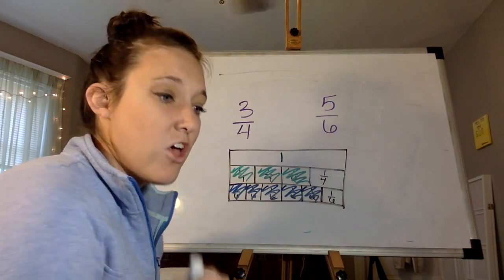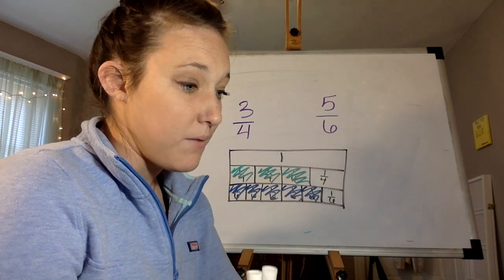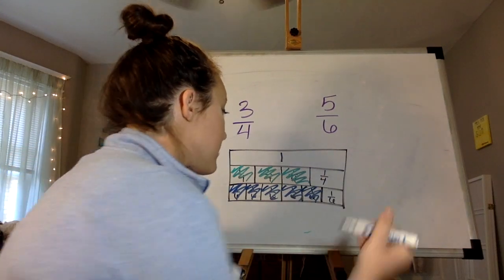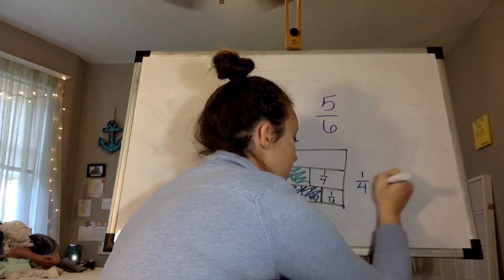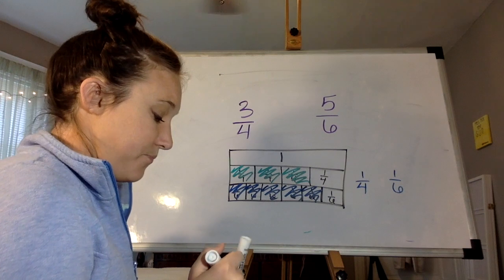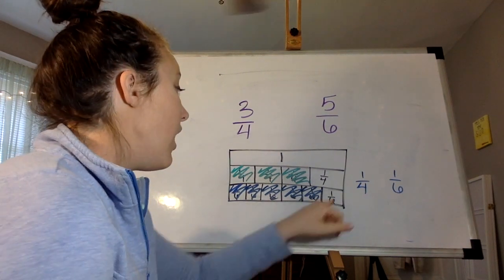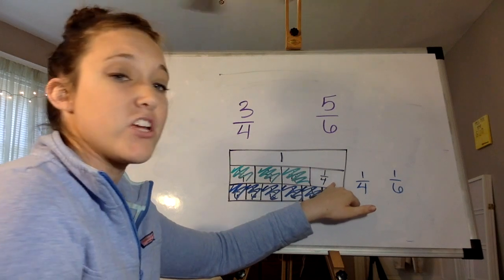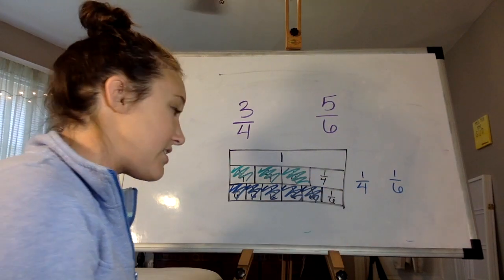All right, just like in the example at the very top, I'm going to first compare 1/4 to 1/6, okay? So if I'm looking at what is left, I have a bigger fraction of my 4ths left compared to my fraction of 6.